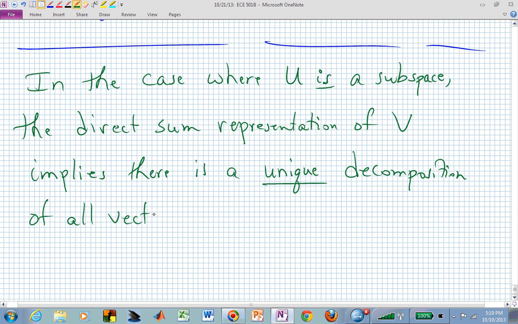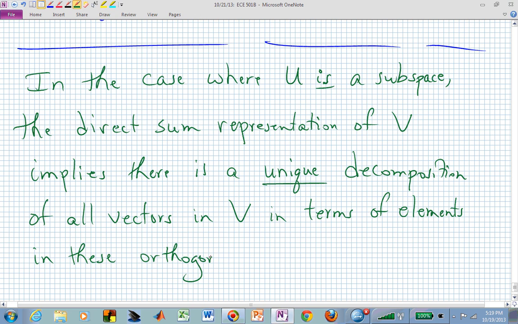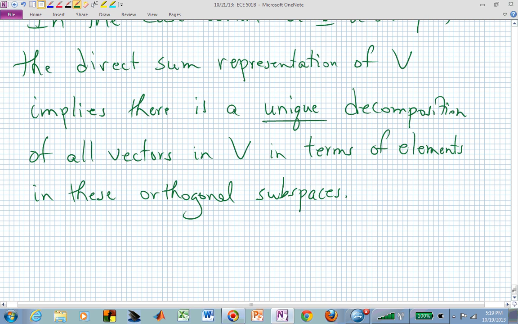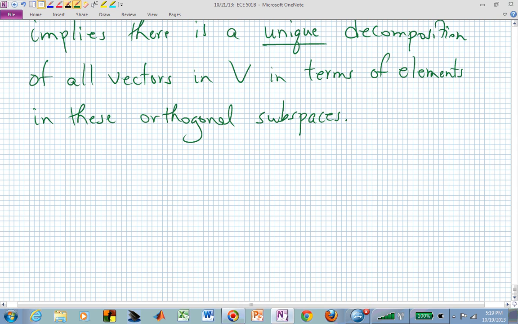The direct sum representation implies there is a unique decomposition of all vectors in our linear vector space V in terms of elements in these orthogonal subspaces. What does that mean?